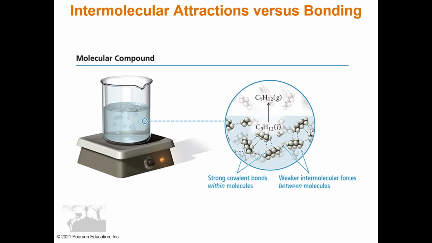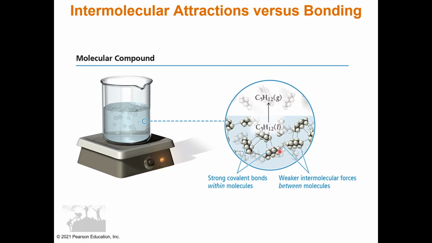Here's a great picture showing the difference between intramolecular forces and intermolecular forces. So we have liquid pentane that's being boiled, so turning from a liquid to a gas. That's a physical change. These dotted lines here represent the intermolecular forces between the different pentane molecules.